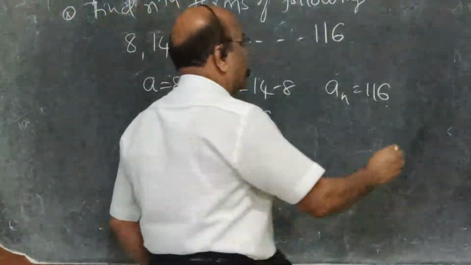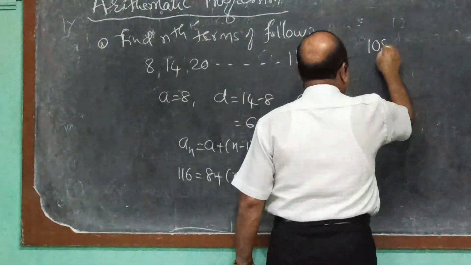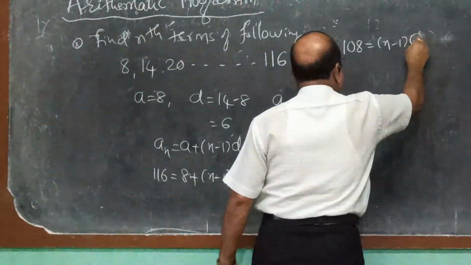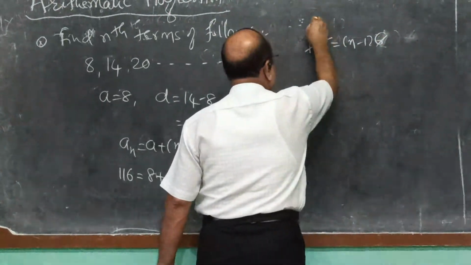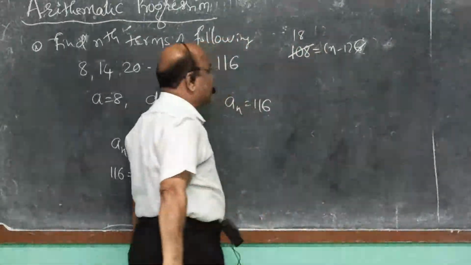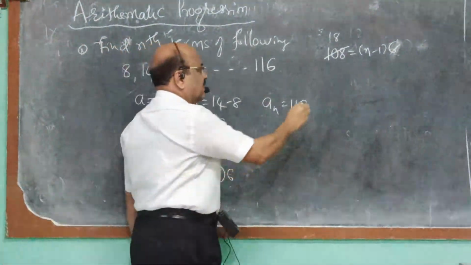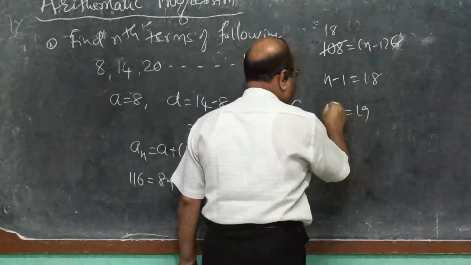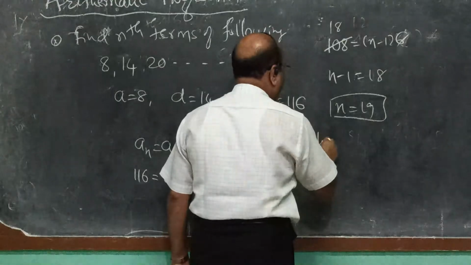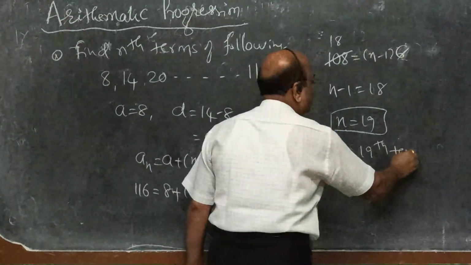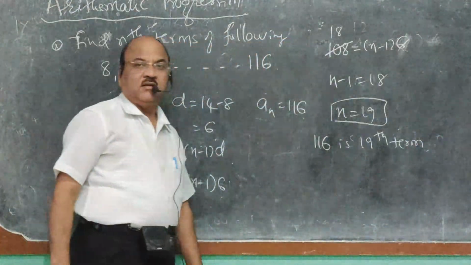So what do we get? 108 equal to n minus 1 into 6. 6 ones are 6, 6 18s are 108. That is n minus 1 equal to 18, n equal to 19. That means 116 is the 19th term. Got it? Okay, thank you.